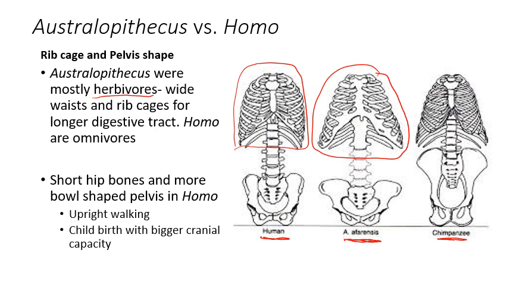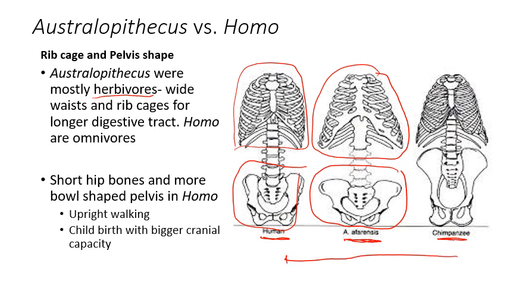The other feature we're looking at is the hip bones. Okay, so this feature here. And we're seeing as we progress this way, so I guess in terms of evolution, we're getting more evolved, we can see that the hip bones or that pelvis are becoming shorter in height. So they were really long up here in the chimpanzee, but they're much shorter as we move to Homo and Australopithecus.